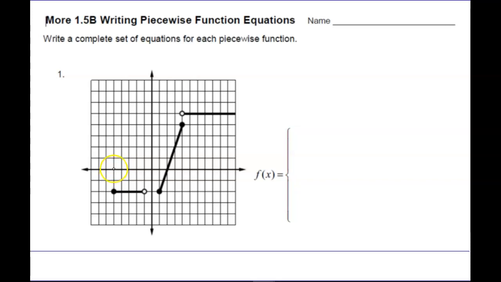So can anybody tell me what domain interval this first chunk is applying to? Left to right, what is the piece of x's that we're talking about for that line right there? -5 to -1, everybody okay? Left to right, okay. Then those are x values, so you're going to put an x in the middle.